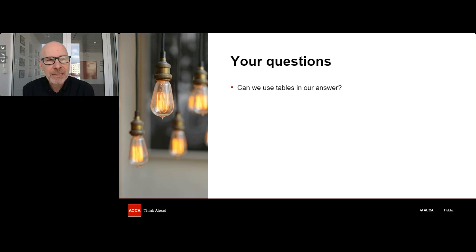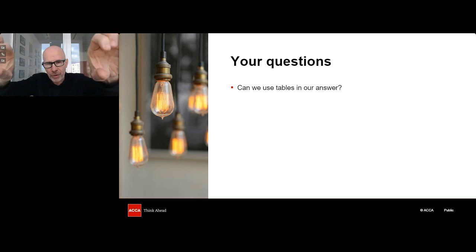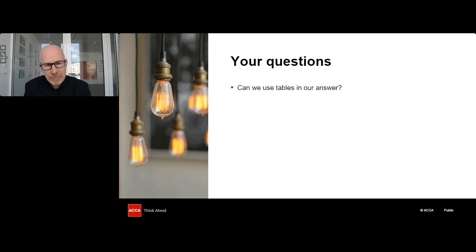I find, though, a table can be a psychological barrier to writing more. When I'm marking mock exams, if people have used tables, they're writing a little bit less. So I would say use a table cautiously. Instead of making a column for pros and a column for cons, you can make a heading for pros and a heading for cons. All of your ideas are in there. So I'm not sure it's going to help you get more marks in APM. Okay? I don't think it's needed.